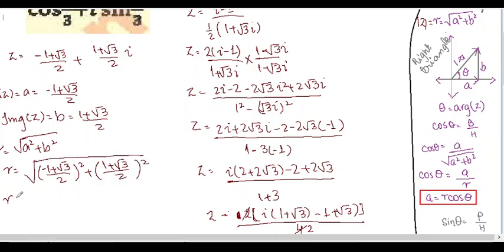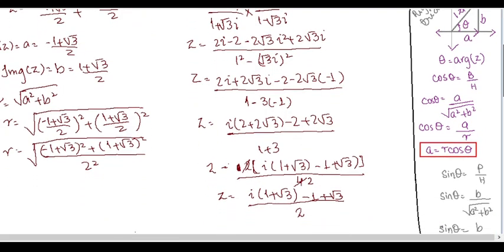Now r equals square root of ((minus 1 plus square root of 3) whole square plus (1 plus square root of 3) whole square) and whole divided by 2 square.